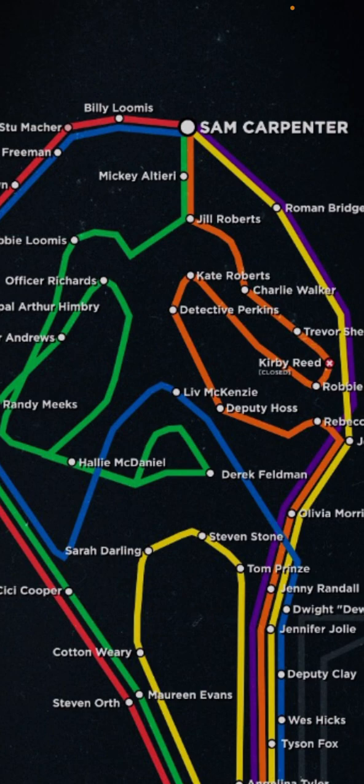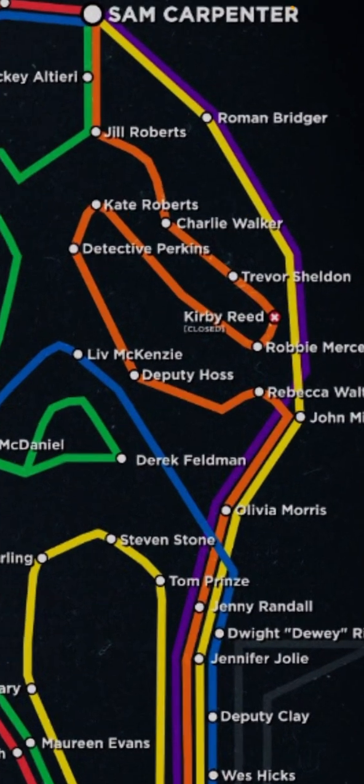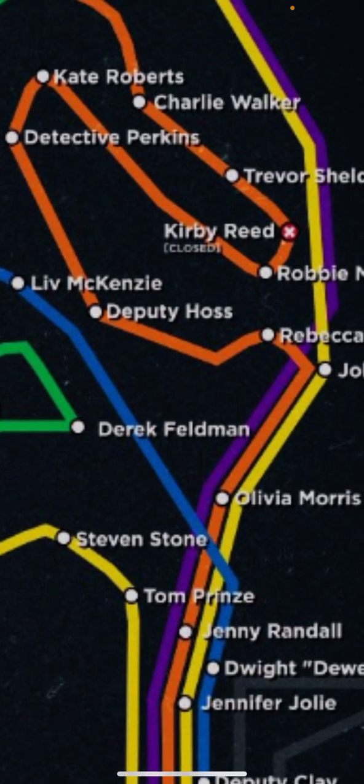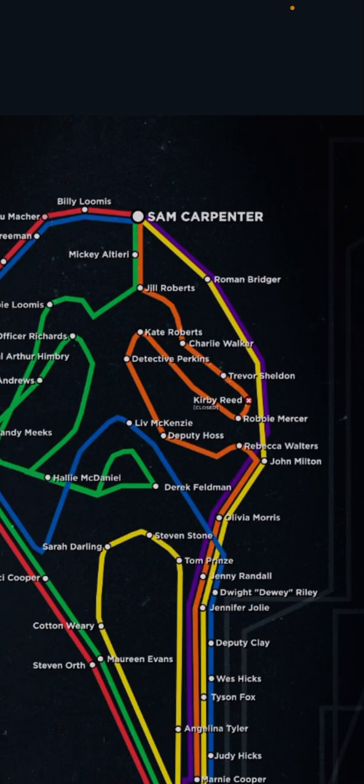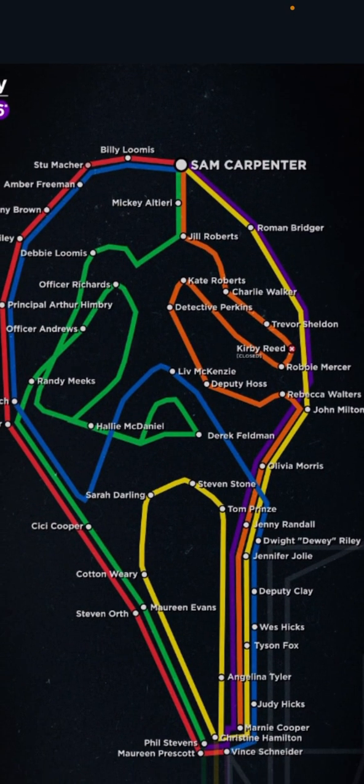Because Stu's name is highlighted in red, Sam is in all capitals with a big circle compared to everyone else, and Kirby Reed has an X around her name. So it makes sense that everyone would be theorizing about these three, because everyone else in this map has nothing to do with the newer characters that are going to be in Scream 6.